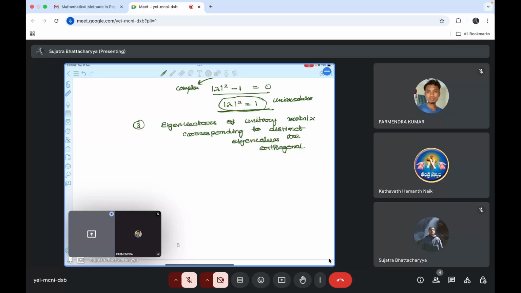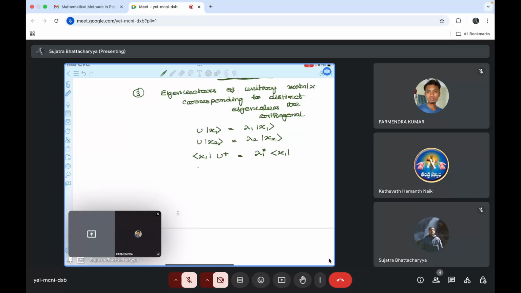So let's see. You start with again u operated on x1 gives you lambda 1 x1. Let's start with x1 because you have to see this for distinct eigenvalues, right? So you have to take two different vectors. For x2, you have u x2 equals lambda 2 x2. In the dual space, x1 u dagger will be equal to lambda 1 star x1.